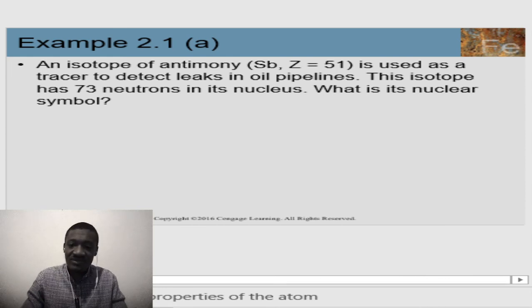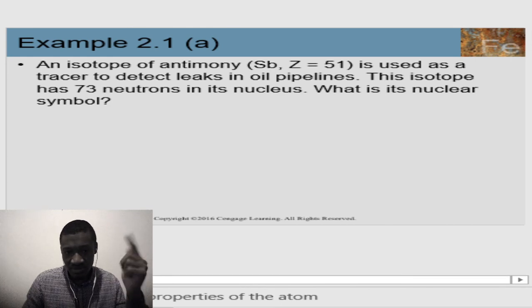Okay, let me just say quickly. The reason for that is because the symbol is gotten from the Latin name. So it's stibium, and then you have Sb from the Latin name.